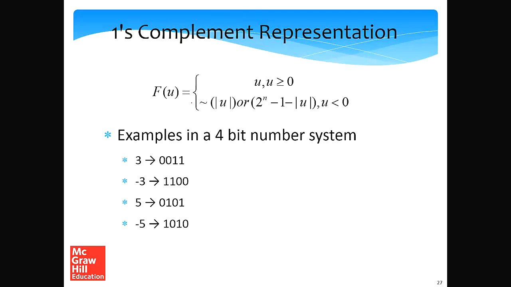So now let's look at the ones complement representation, which is very simple. Let's first look at the examples. If you have plus 3, it gets represented in the same way as other positive numbers, as 0011. If we consider minus 3, what we do is that we just invert every single bit of 0011 to get 1100.